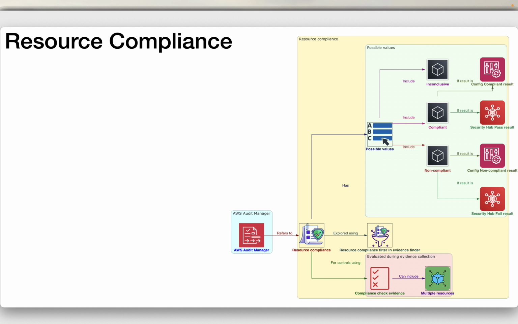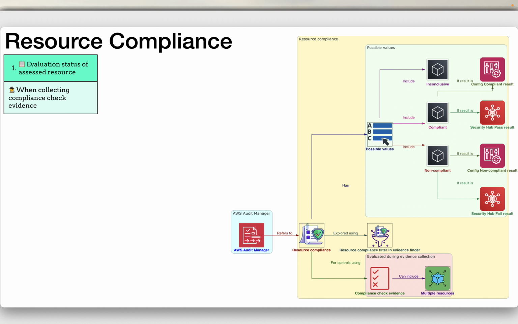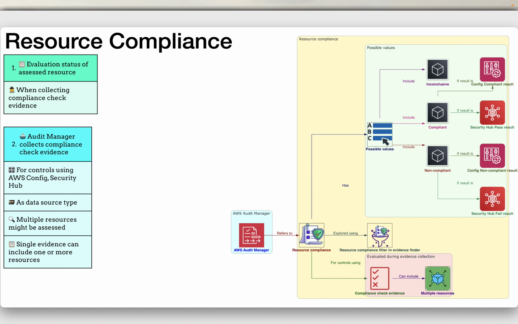Okay, next we'll see resource compliance. Resource compliance refers to the evaluation status of a resource that was assessed when collecting compliance check evidence. Audit Manager collects compliance check evidence for controls that use AWS Config and Security Hub as a data source type. Multiple resources might be assessed during this evidence collection.